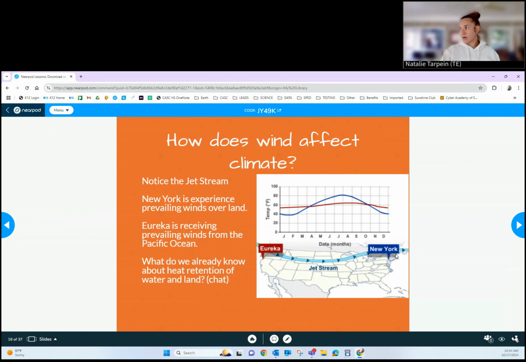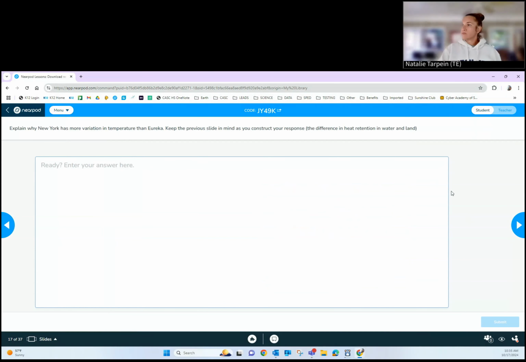Eureka is in comparison to New York, which is getting these winds from the land. And then you've got your graph here at the top. New York is the blue line temperature, and Eureka is the more red line. Do you see how constant Eureka's temperatures are? That's due to the effect of the ocean being there and being a more constant, stable temperature than the air. Okay, so go ahead and answer that one.